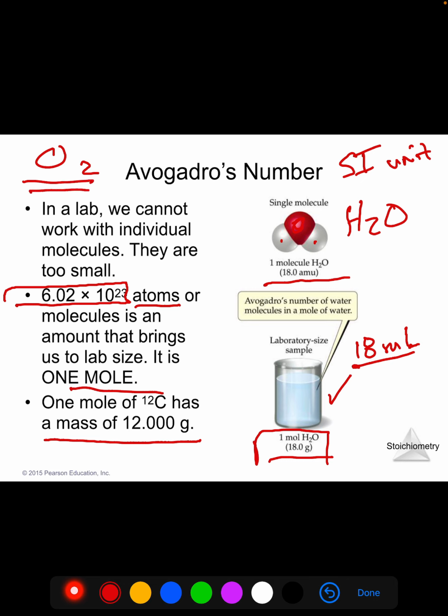But it would be 2 times 6.02 times 10 to the 23rd atoms, because there are 2 oxygen atoms in every molecule of oxygen. So we have this value that is a mole, and it corresponds to an enormous number of representative particles, atoms or molecules, compounds, and it brings it up to lab size in this sense.